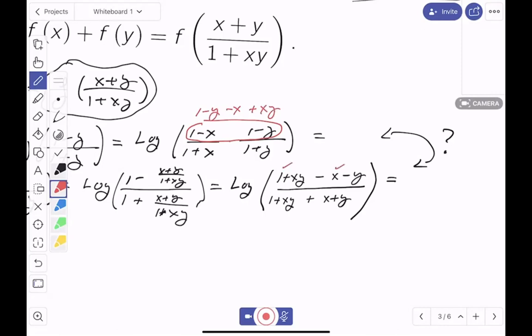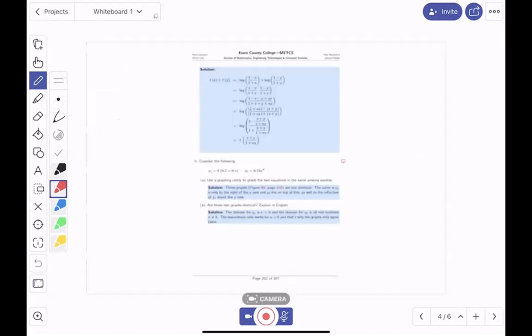I see the minus x. I see the minus y. I see plus xy. Now let's look at the bottom. If you multiply this out, what would you get? 1 plus y plus x plus xy. Did we get that? Well, let's see. I see the 1 plus x, right? I see the y, and I see the xy. They're both the same thing. Worked out beautifully.